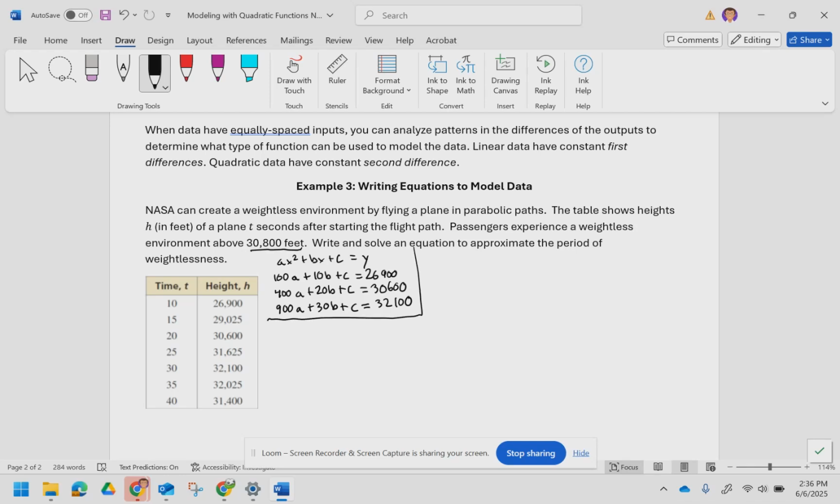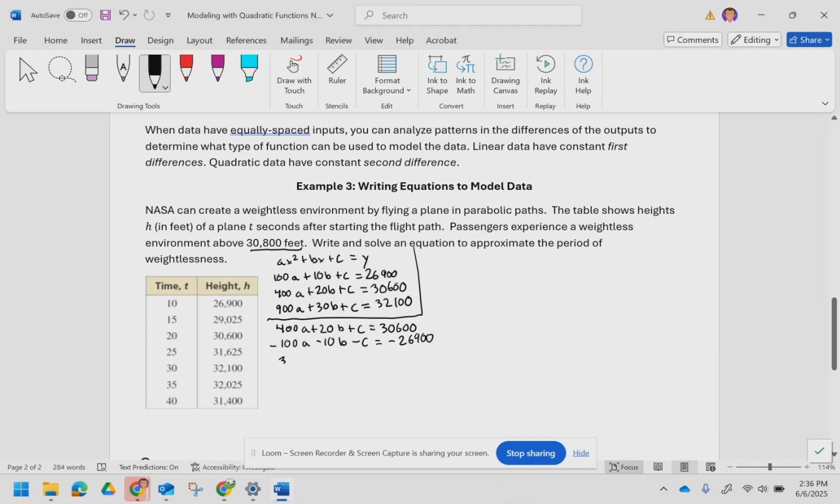So first, let's write down our second equation: 400a plus 20b plus c is equal to 3,600. And I'm going to subtract my first equation. So that'll become minus 100a minus 10b minus c and minus 26,900.